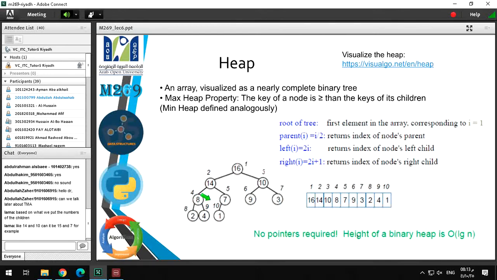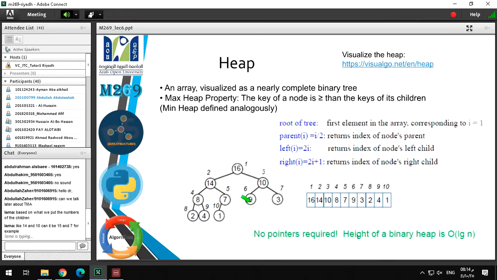Yes, these are just number examples. You can put any number there, yes. Of course, if you put 15 and 7, 15 will work on this side, but 7 here doesn't work because 7 is smaller than 9.